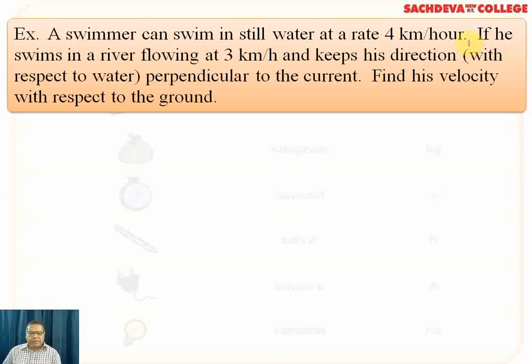However, a swimmer can swim in still water at the rate of 4 kilometers per hour. If he swims in a river flowing at 3 kilometers per hour and keeps his direction perpendicular to the current, that is with respect to water, then we have to find the velocity with respect to ground.